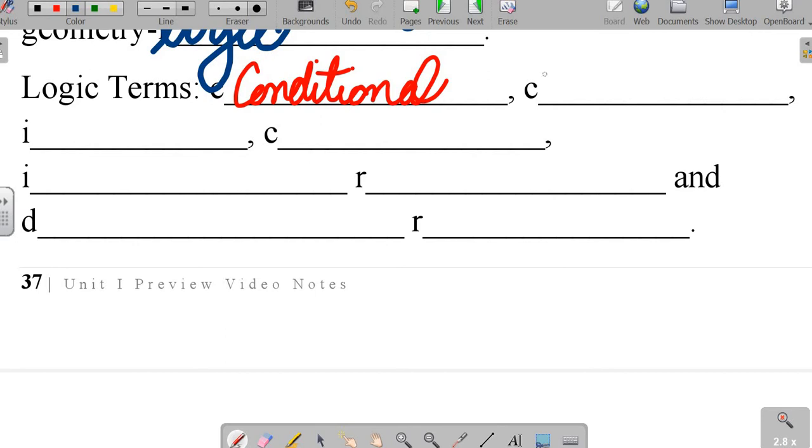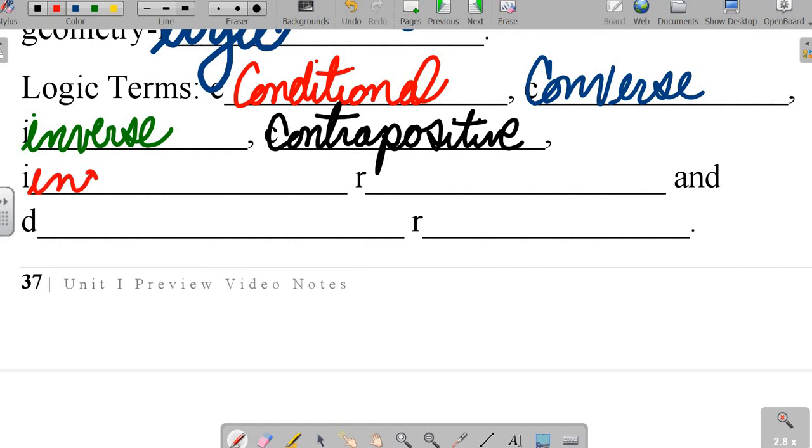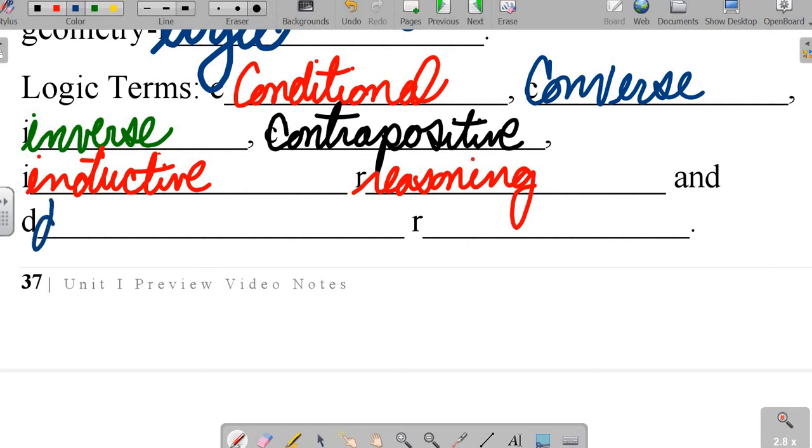conditional, converse, inverse, contrapositive, inductive reasoning, and deductive reasoning.